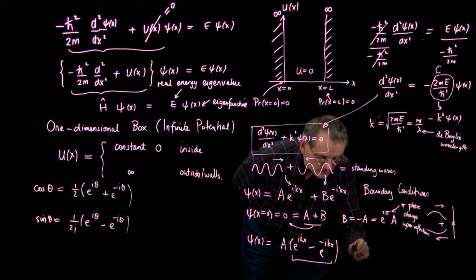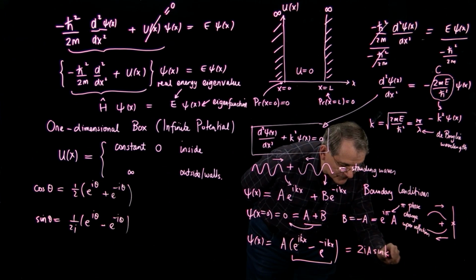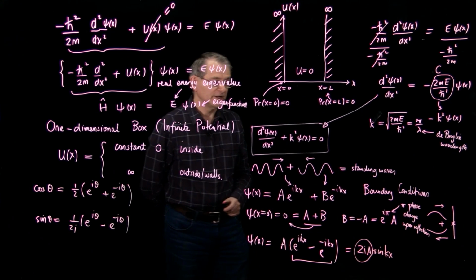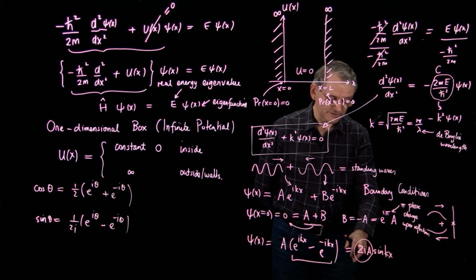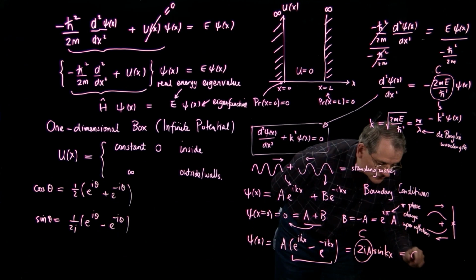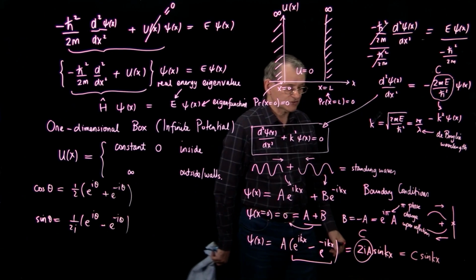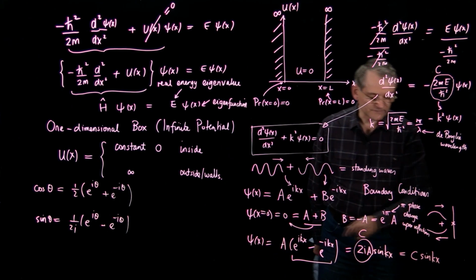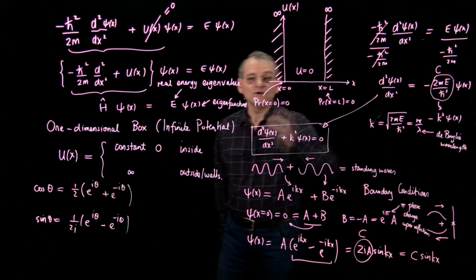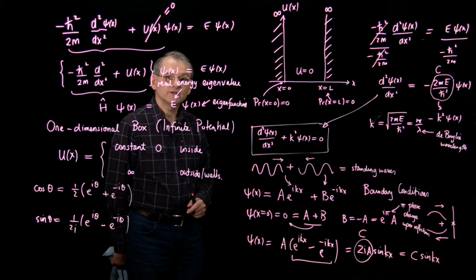So I can write this as 2ia sine of kx, and now I'll just call all of this combination of constants, including the imaginary number, another constant. And so we have the solution c sine kx. And that's the general solution. If you put x equal to 0, sine of 0 is 0. The interesting part is when you put x equals to L, what does the boundary condition give you? And I'll return to exploring that in the next video.